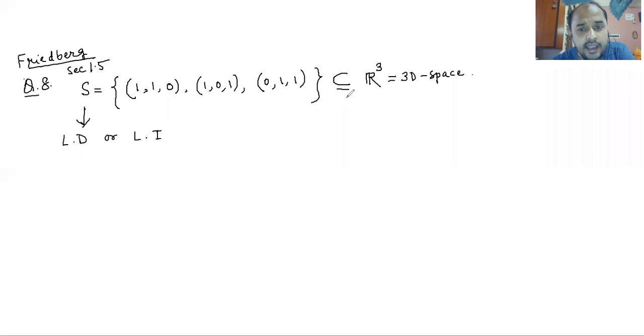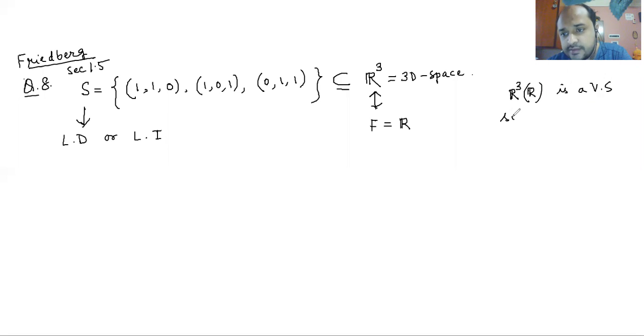This is the first check, and according to the question they have considered this set over the field F, but you know that if capital F is given the name R, then the space becomes R3, and R3 is a vector space over R. This you know very well. So we are going to check whether this set is LD or LI.